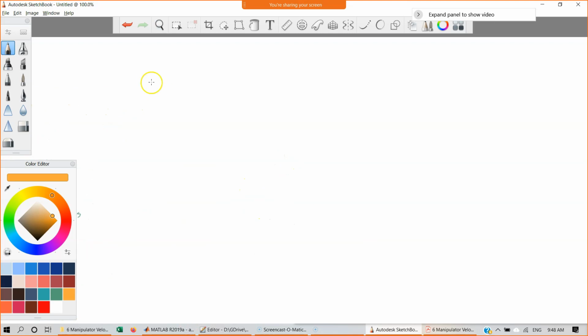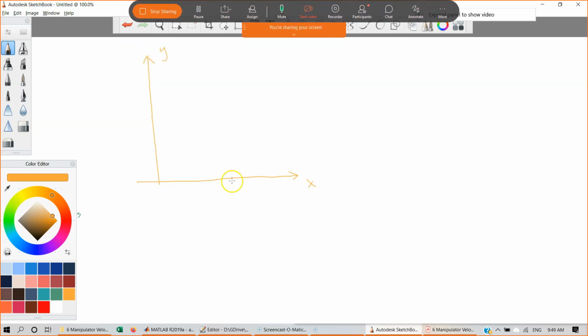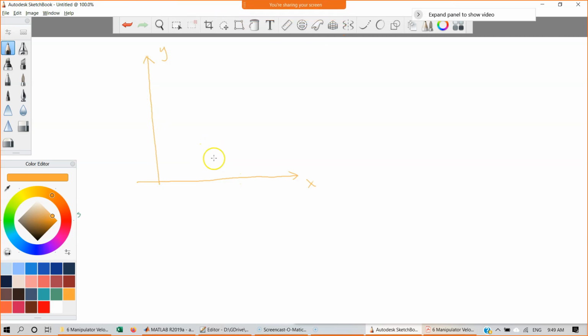Let's say, how do I explain this? So let's move to another problem. Let's say you have a car. This is the x-axis and this is the y-axis. And you have a simple mobile robot.